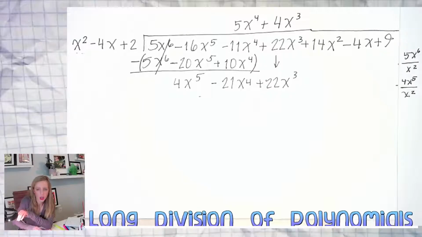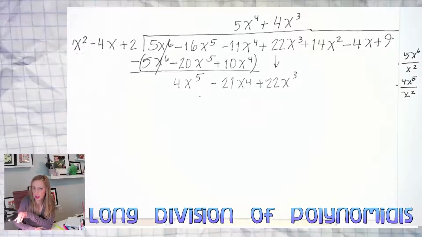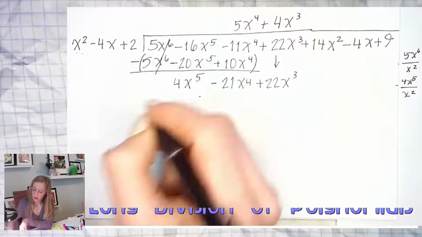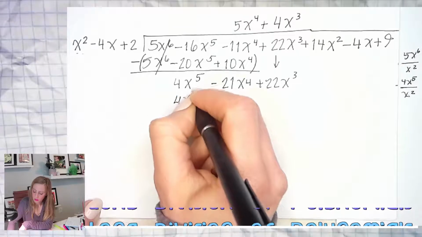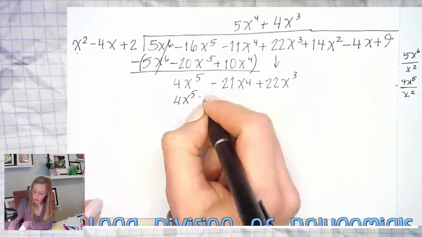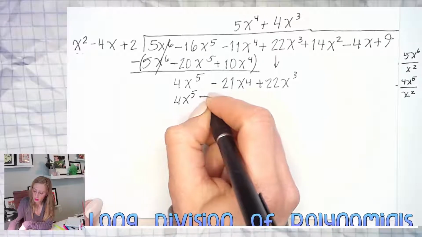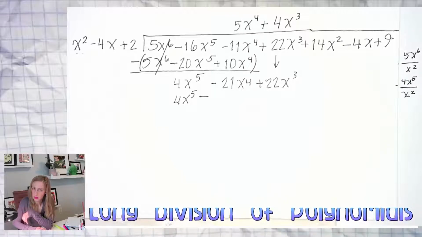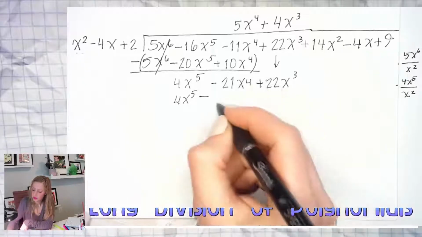So what are we going to write for our answer underneath? 4x to the 5th, and then negative 16x to the 4th. Good.